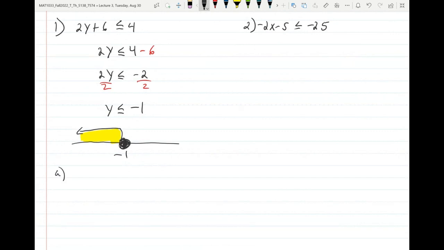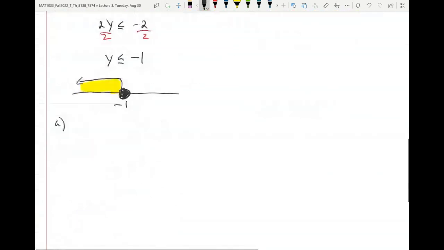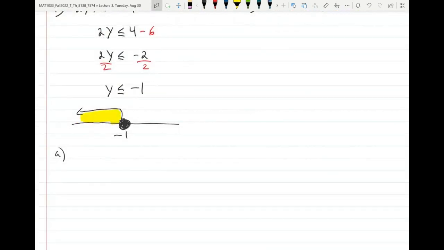All right. So now part A asks you to write the answer in interval notation. What would be the interval notation? Negative infinity, comma, and then a square bracket. Remember, the picture tells you, just write from left to right. Where are we coming from? We're coming all the way from the left. What's there?